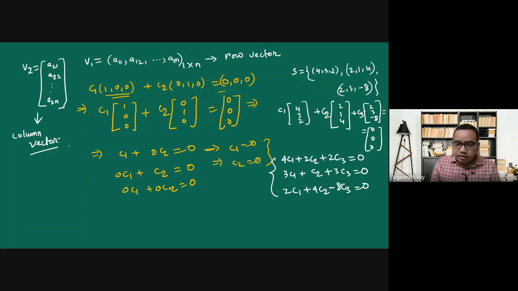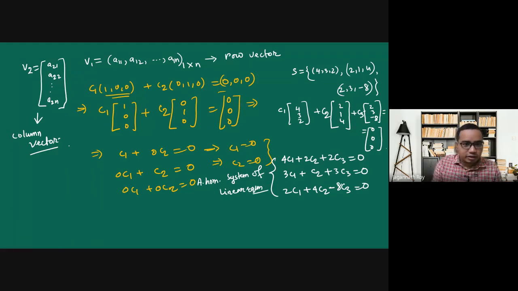So here we see a homogeneous system of linear equations. By Cramer's rule, we have to check whether the determinant is 0 or not. If it is 0, then the system is consistent, but it will have infinitely many solutions.